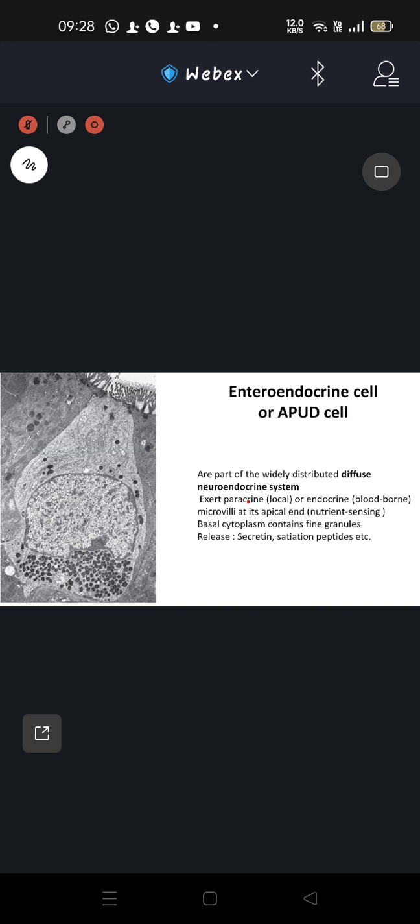So that's how they have a local, paracrine effect, as well as an endocrine effect on the entire gastrointestinal mucosa, or the muscularis externa portion. So they are the APUD cells, and these APUD cells or enteroendocrine cells are widely distributed throughout the GIT.